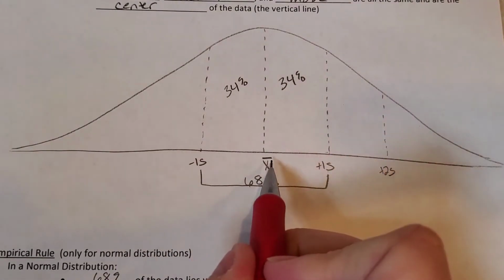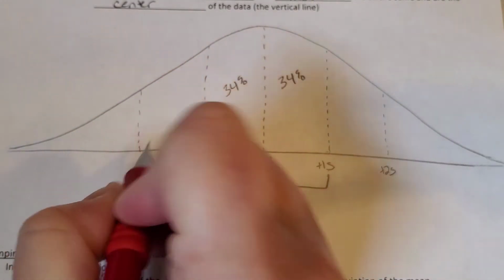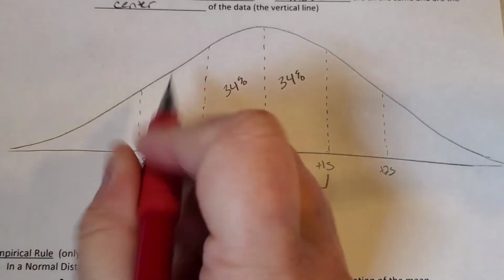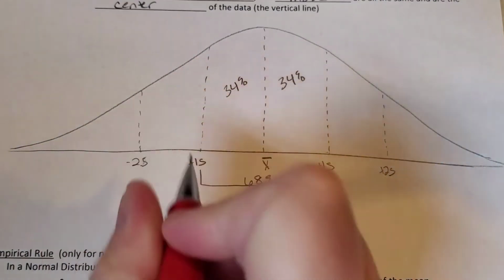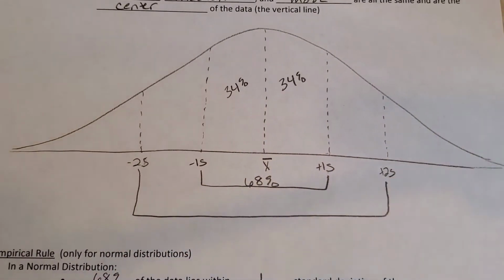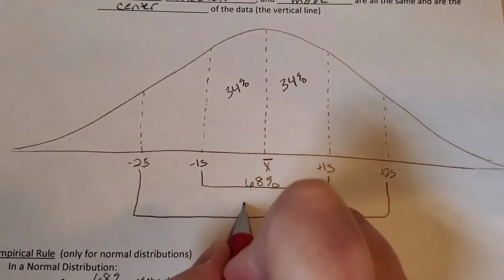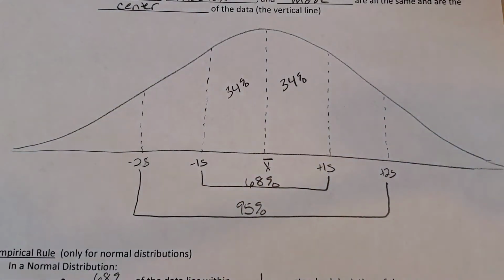I take my mean, I subtract one standard deviation, I subtract a second standard deviation. Then between this value and this value, I have 95% of my data. The vast majority of your data falls within two standard deviations of your mean.